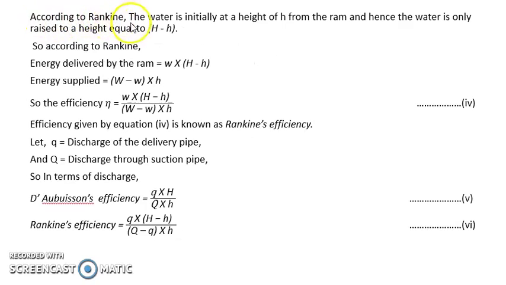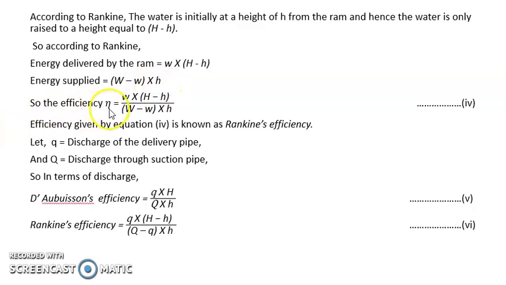According to Rankine, the water is initially at a height of small h from the ram and hence the water is only raised to a height equal to capital H minus small h. So according to Rankine, the energy delivered by the ram is equal to small w into (capital H minus small h) and the energy supplied is equal to (capital W minus small w) into small h.